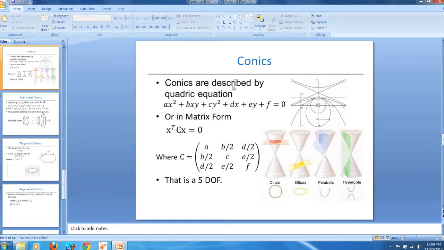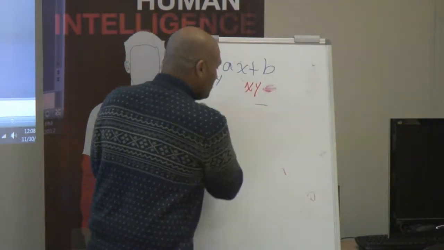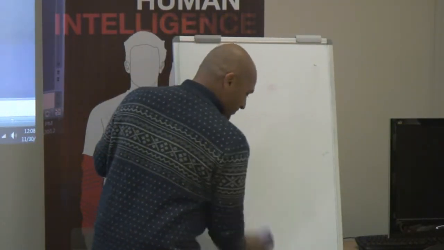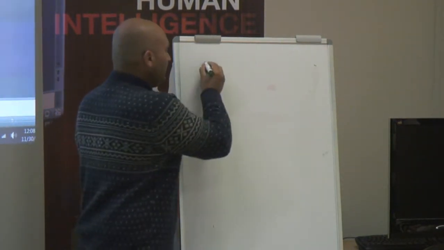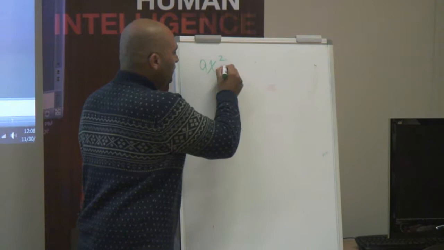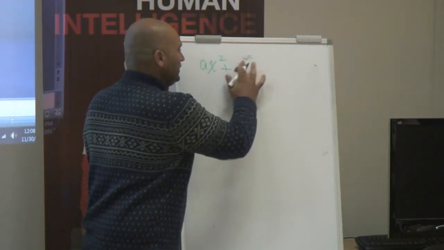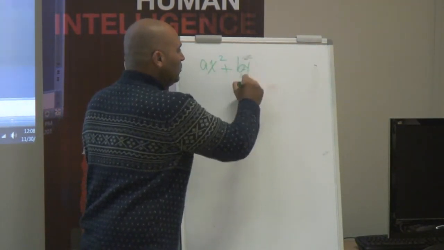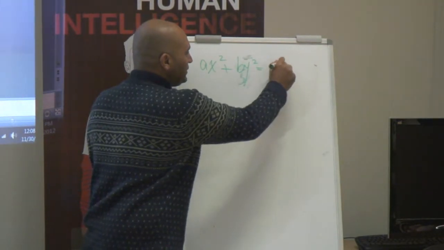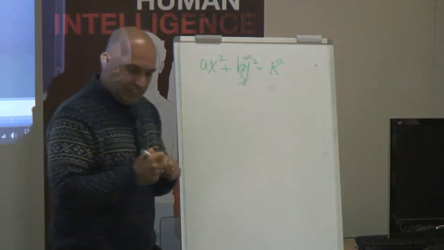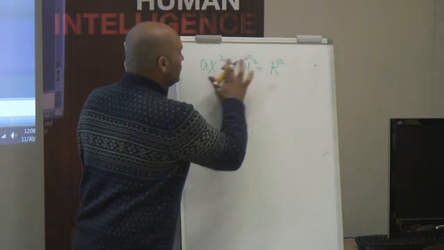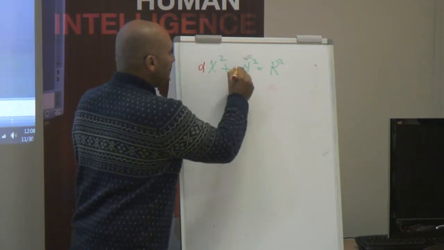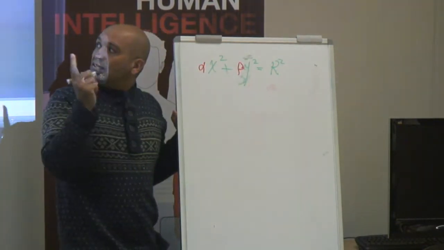So if we take, for example, a circle, how will this equation represent it? Any circle will be alpha x squared plus beta y squared equal to r squared.